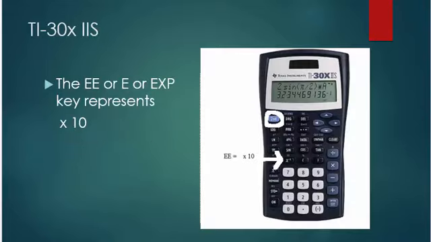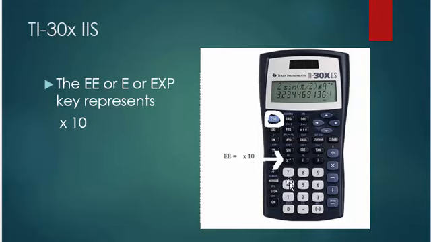So I'm going to use for my explanation this scientific calculator, Texas Instrument 30X2S. But any Texas Instrument scientific or graphing calculator will have the EE key. Now, what the EE key means is times 10.